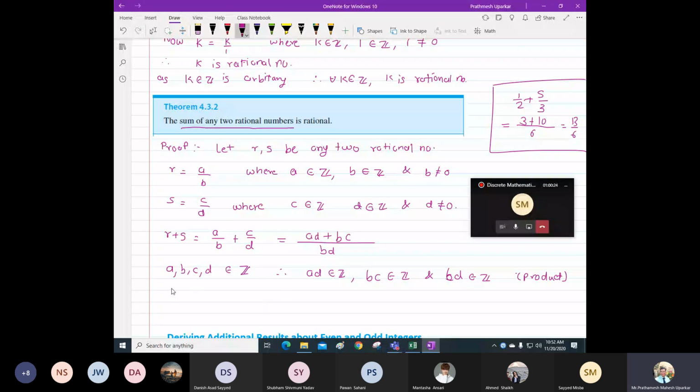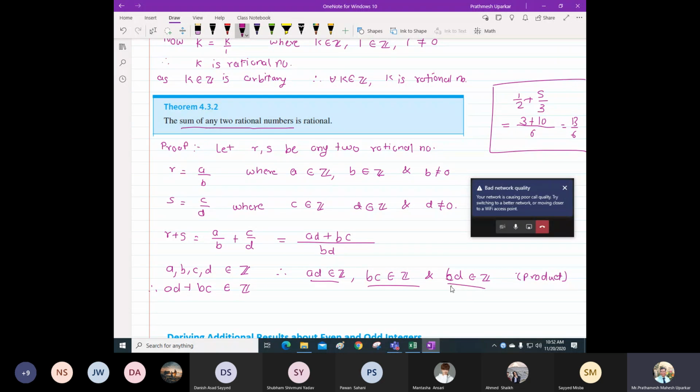What about the addition? We showed ad belongs to the set of integers. We have shown that bc belongs to the set of integers. Therefore ad plus bc is in the set of integers.